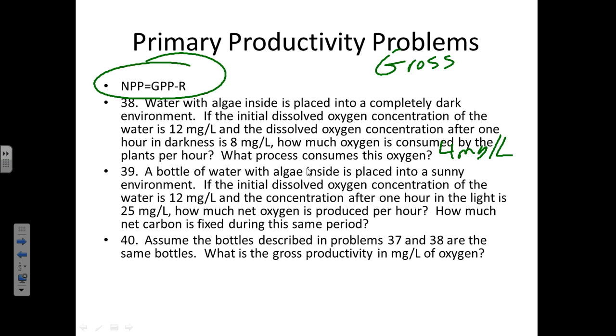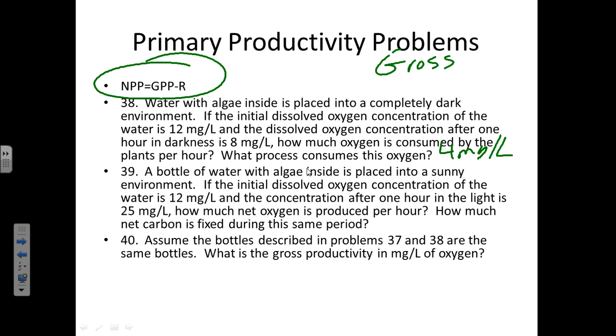Then 39, a bottle of water with algae inside is placed into a sunny environment. Starts off with 12 milligrams per liter of oxygen, and after 1 hour in the light, it's got 25 milligrams per liter. How much net oxygen is produced? Now this plant that's in the light, what's happening with that plant? Still doing some respiration, right? But it's also doing photosynthesis. It's doing both. Which one's it doing faster?